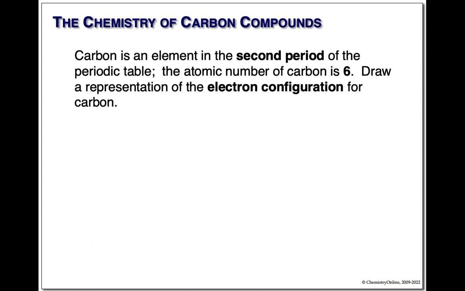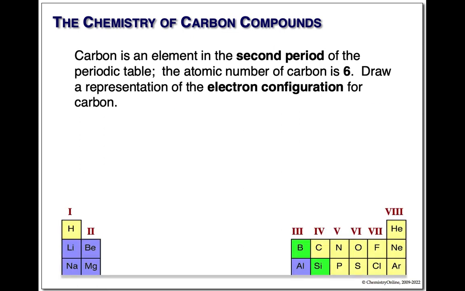All right, so carbon forms 4 bonds, right? It's in the second period, atomic number of 6. The electron configuration. Well, carbon is right here. That means that we have filled the first energy level, so that's 1s2.